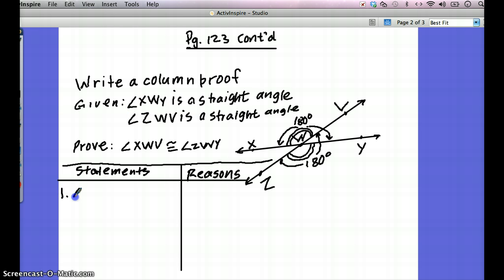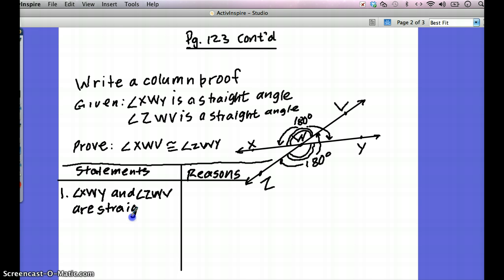So we write angle XWY and angle ZWV are straight angles. I've just combined them together.